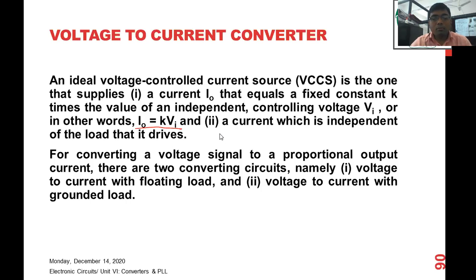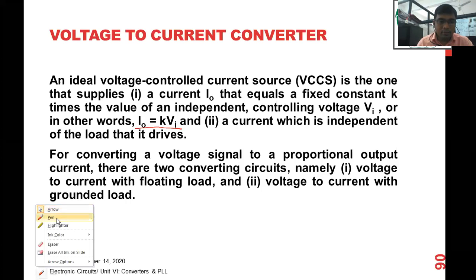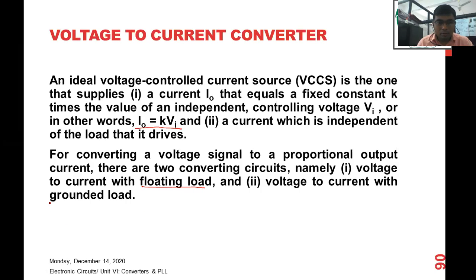For converting a voltage signal to a proportional current, there are two converting circuits, namely first, voltage to current converter with floating load, and second, voltage to current converter with grounded load.